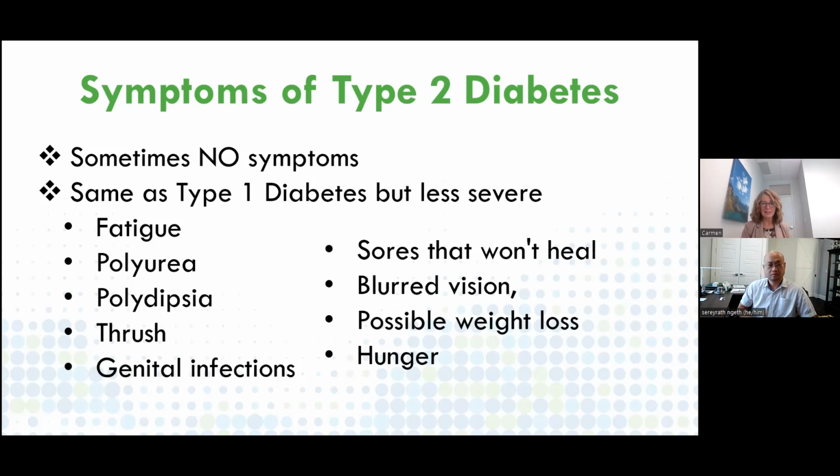So we have fatigue because the cells are not being energized, polyuria and polydipsia, so that means increased urine and increased thirst. Thrush from a high sugar environment could be genital infections, sores that won't heal, blurred vision, possible weight loss, and hunger.